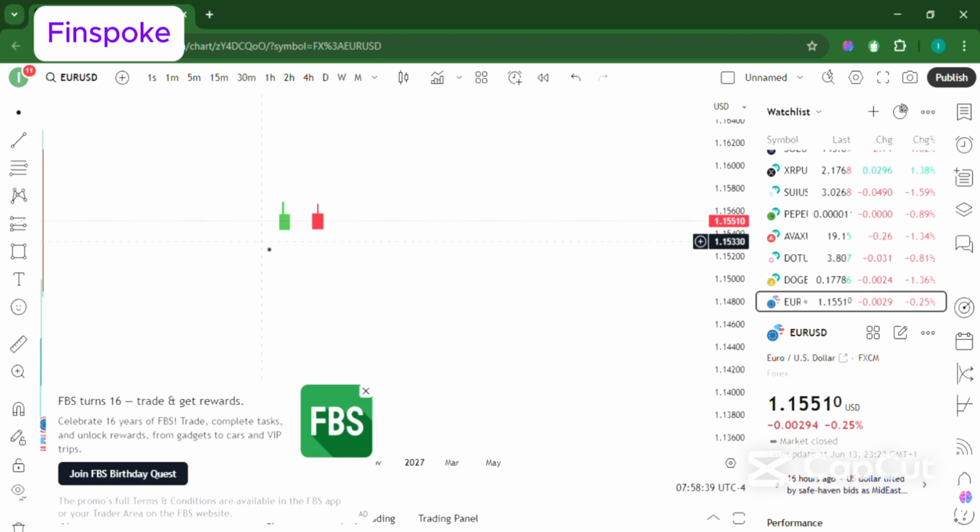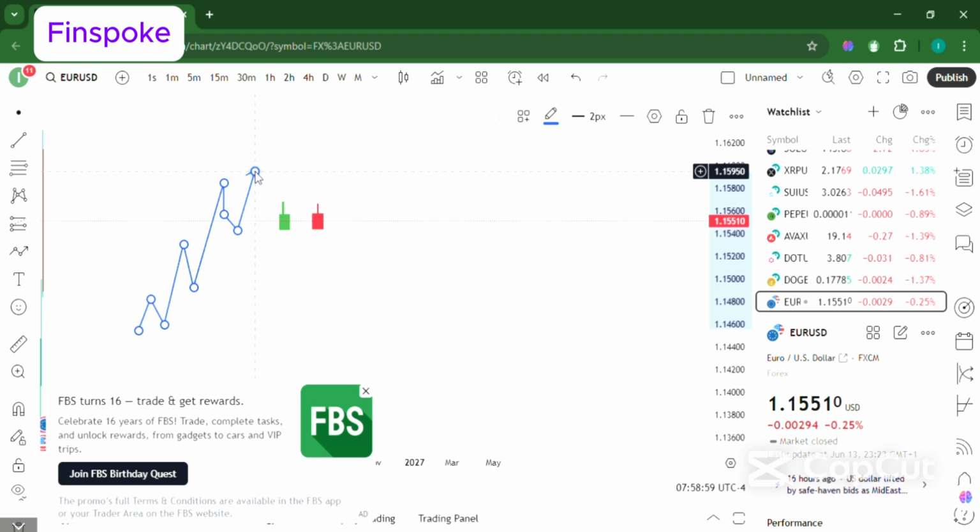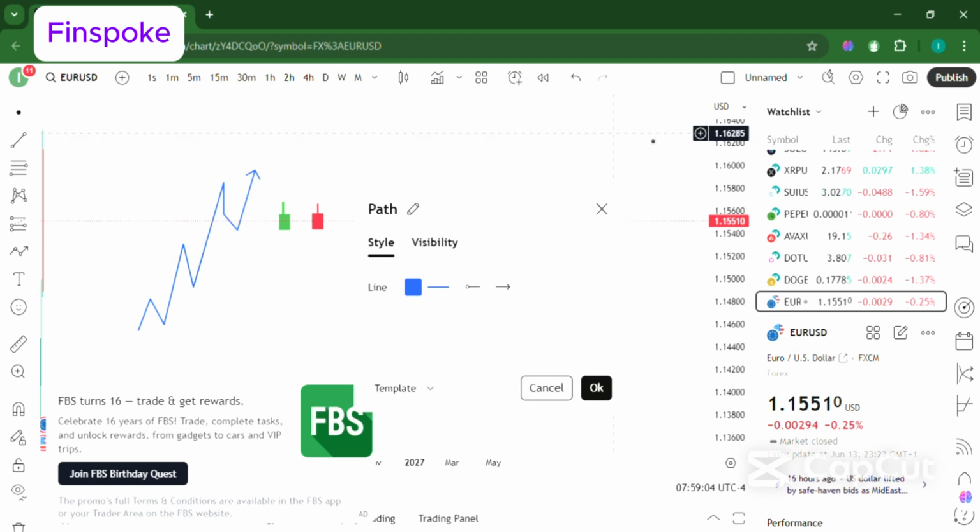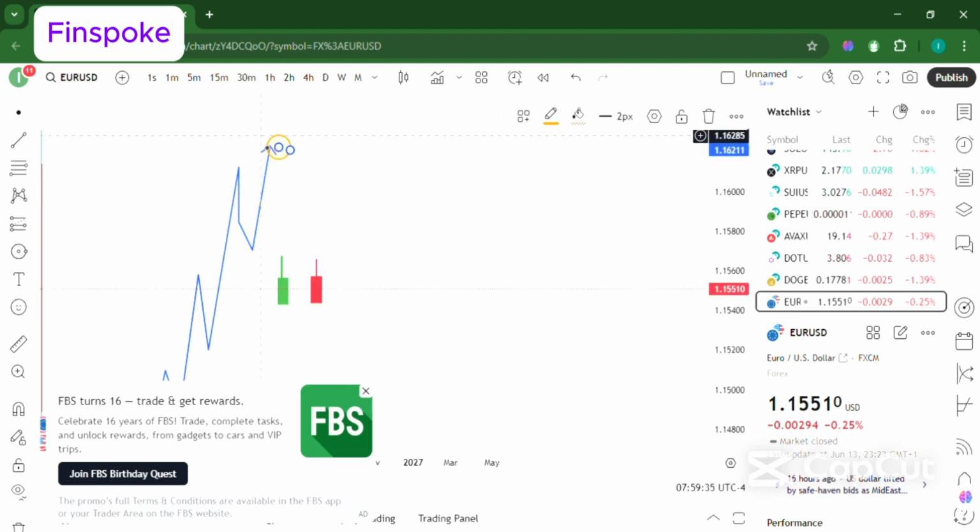I want you to understand something. If the price is moving up, that price is going like this, moving up, and you spot this shooting star around here with bullish color, just like this, what it means is possible reversal if it appears here with a bullish color.